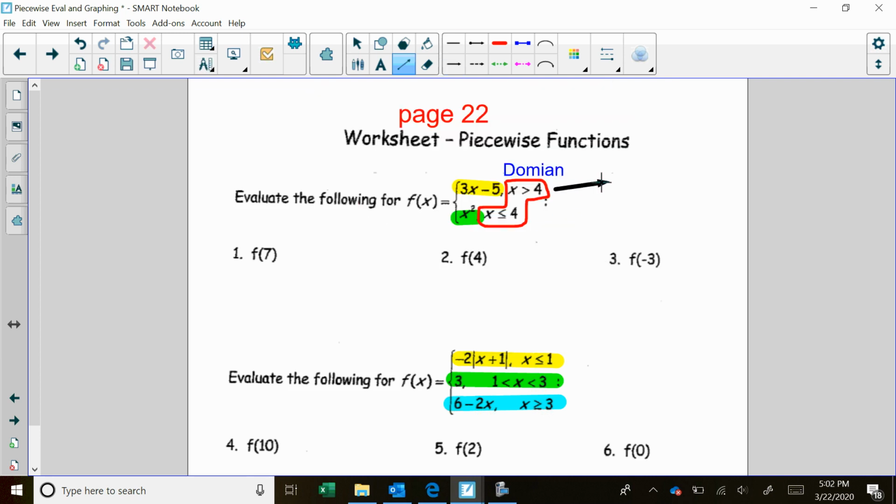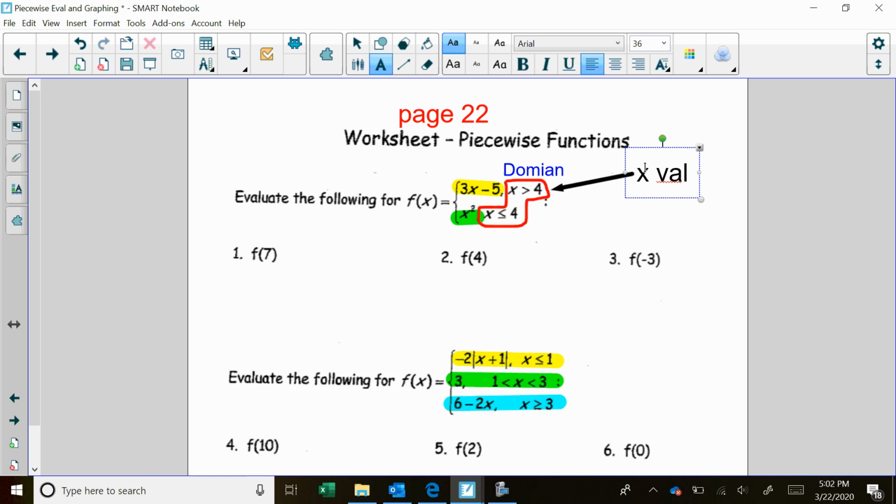This part of the function works for x values that are greater than 4.